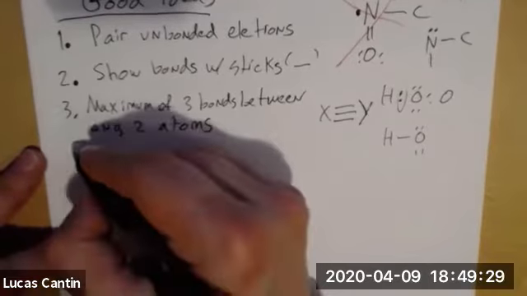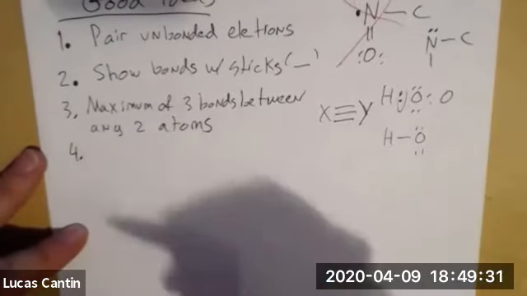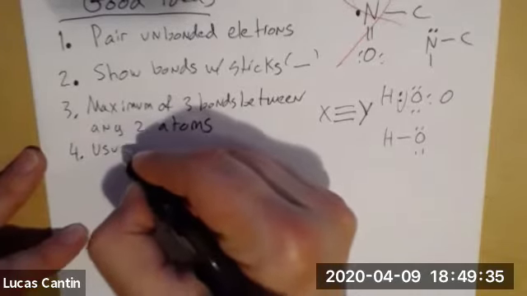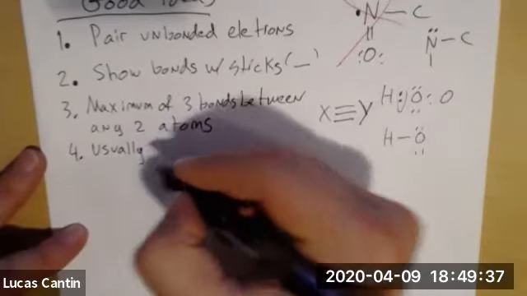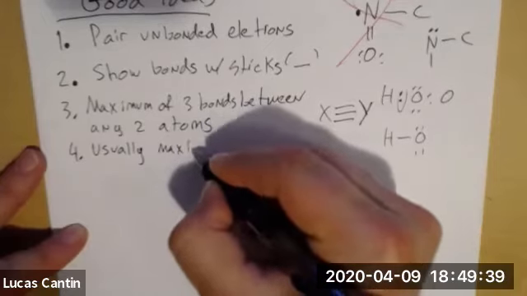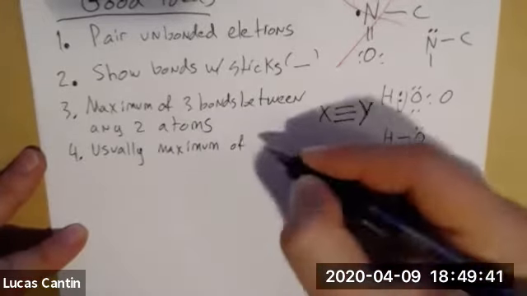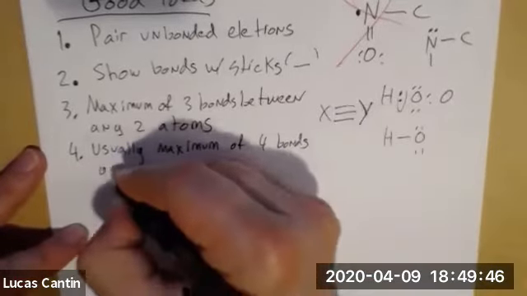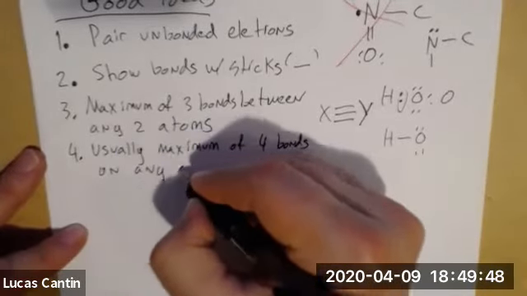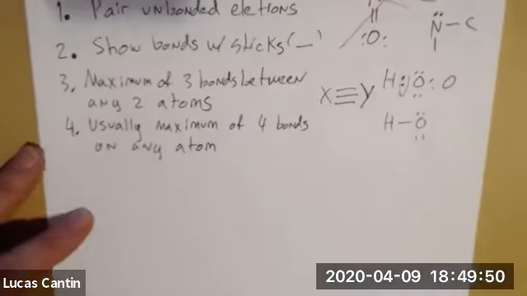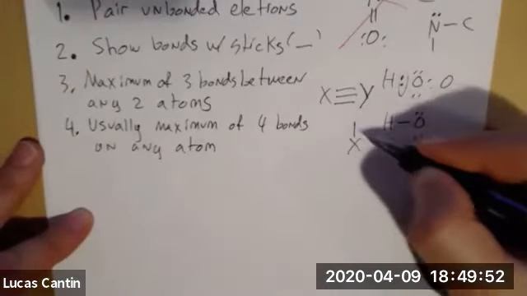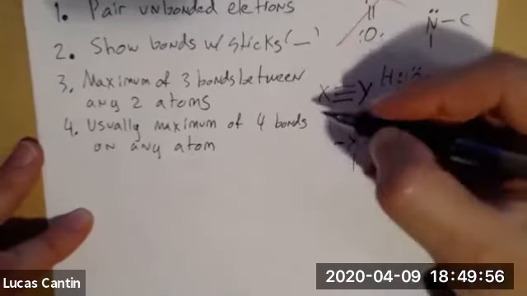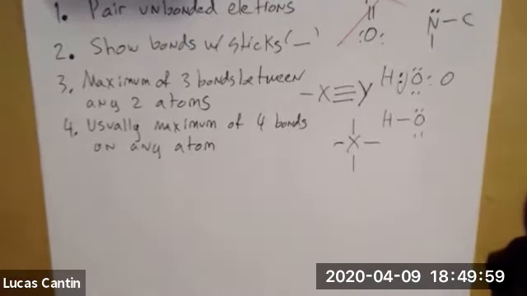All right, another really good rule is, and I'm gonna put usually, because there's some Chem 1A stuff that you can violate octets, but usually you have a maximum of 4 bonds on any atom, right? So if this is the bonded atom, it can have a bond to 4 different things, or it could have a triple bond and a single bond or whatever, right?